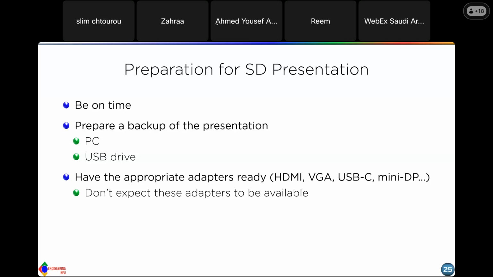If you have HDMI only on your laptop, bring the HDMI to VGA adapter. So don't expect these adapters to be available. If they are available, it's just because one of the panel members happens to have one with him. It's a coincidence, but it is your responsibility in general to have these adapters ready.